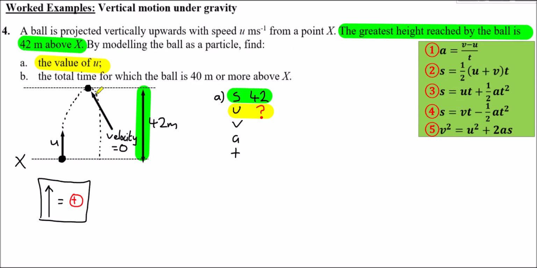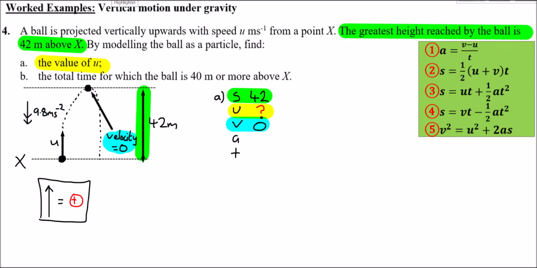Now V, when it gets to the maximum point, is 0. So I'll label this in as 0. The acceleration, when we're talking about free fall or gravity, is going towards the ground, towards the centre of the Earth, at 9.8 meters per second squared.